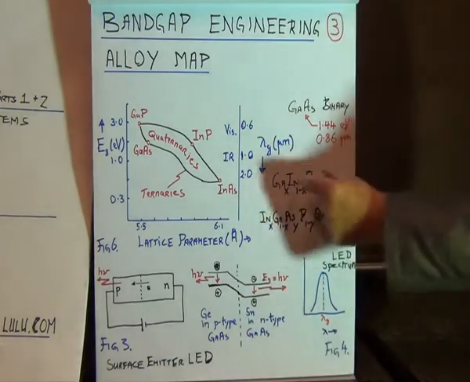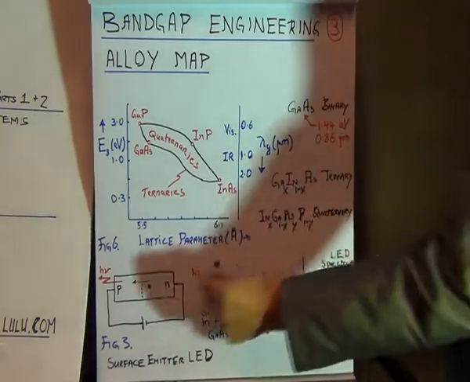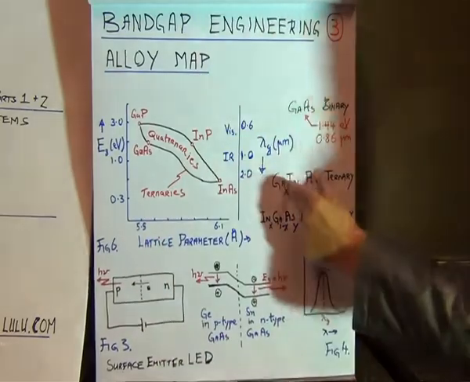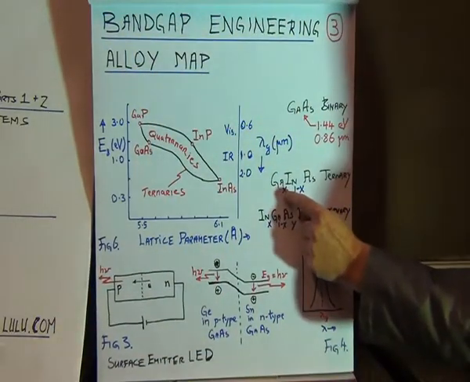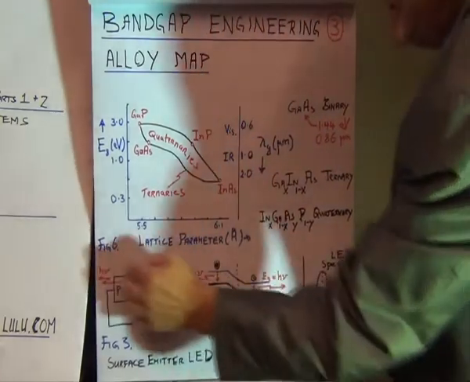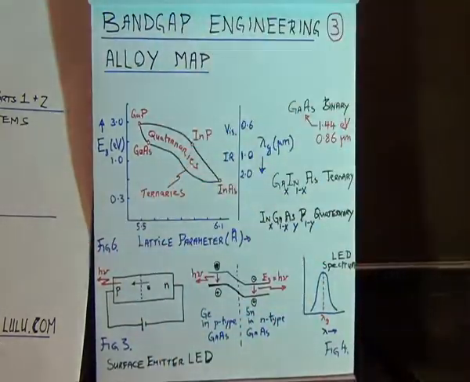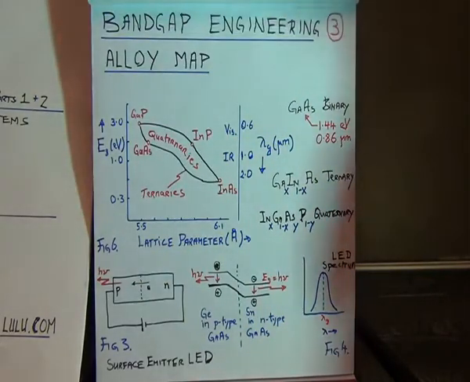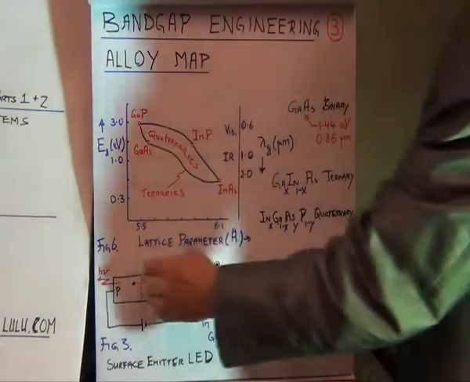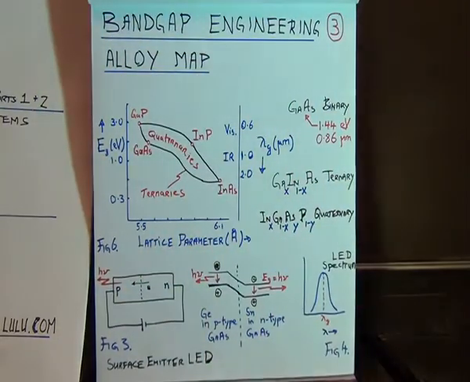If, however, we grew gallium indium arsenide here and gallium indium arsenide here, but use a different value of X either side, we've got a junction between two different semiconductor alloys. And that is called a heterojunction. Okay?